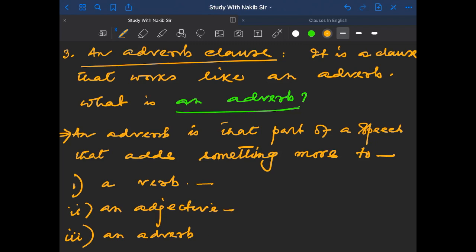Okay, to the meaning of a verb. See the example. He walks. This is the verb. Question is how?